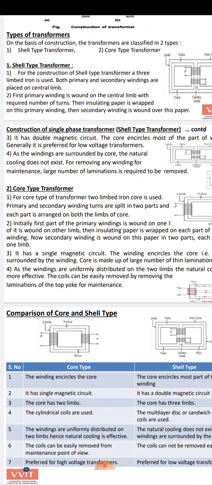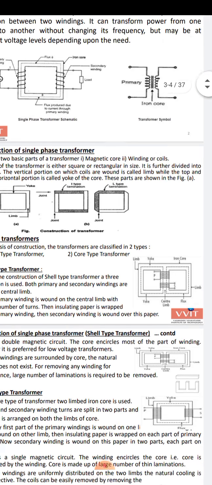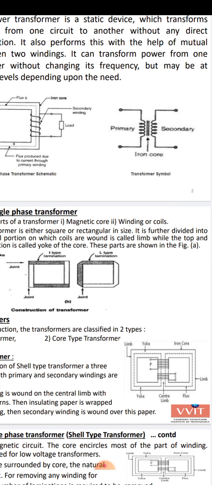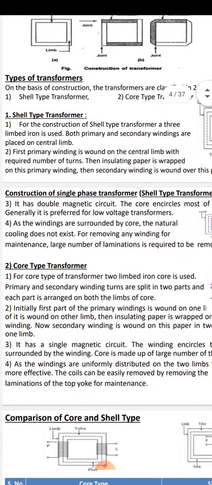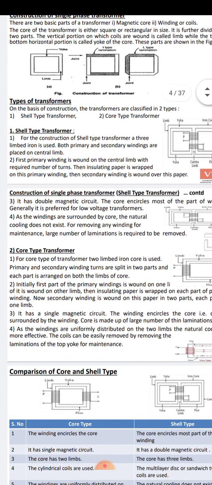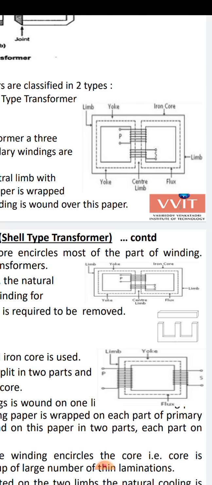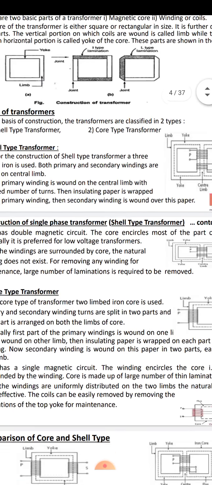Both primary and secondary windings are placed on the central limb. Here you can see that primary and secondary are separated, but in shell type transformer both primary and secondary windings are placed on the central limb only.